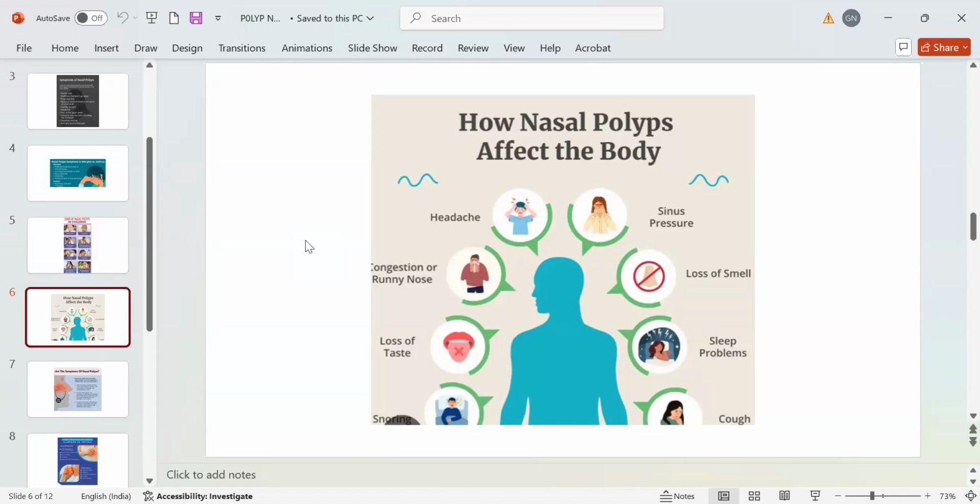The ciliary function is decreased, that's why mucus gets blocked. Cilia is not helping to move the secretion. Ma'am, the CFTR, we will see mutation of the CFTR.